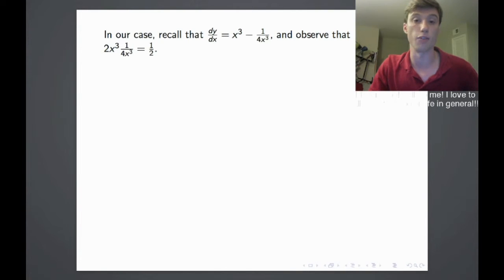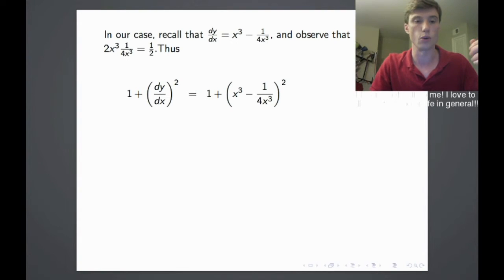Now if we let a equal x cubed and b equal 1 over 4x cubed, we can see that 2 times a times b, which is 2 times x cubed times 1 over 4x cubed, is equal to a half. And so the algebraic simplification we will do in the integral at hand exactly mimics the algebraic calculations we made on the previous slide.